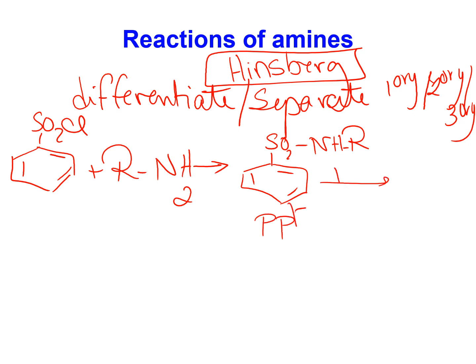If you add some sodium hydroxide to this product, as we have mentioned, you have an acidic hydrogen on the nitrogen here. So adding a base will remove this hydrogen, giving the salt, which will be soluble. So you will perform the reaction by adding the amine to the sulfonyl chloride. You will have a precipitate. If you add some sodium hydroxide to this precipitate, it will dissolve.